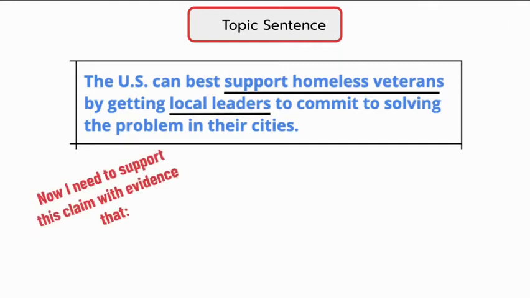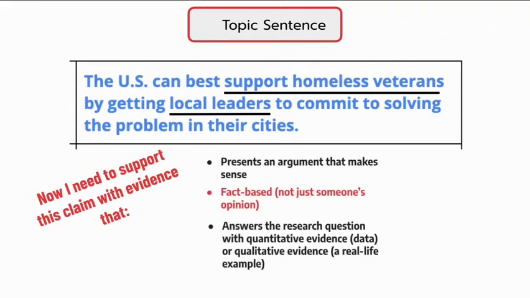Now I need to support this claim with evidence that presents an argument that makes sense, is based on facts, and it answers the research question directly. I can either use data or I can use a real life example that shows local leaders supporting homeless veterans.